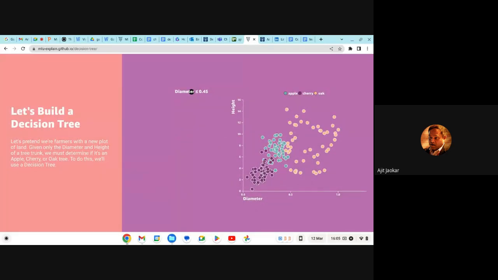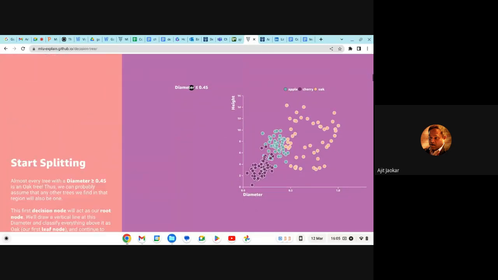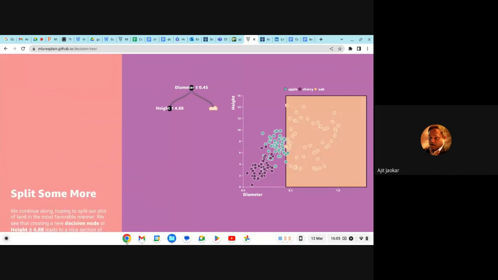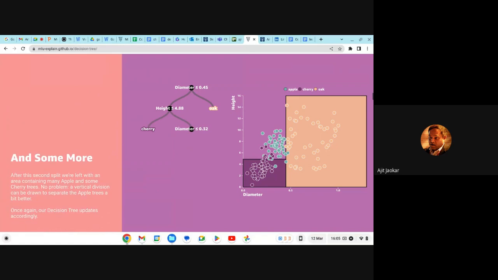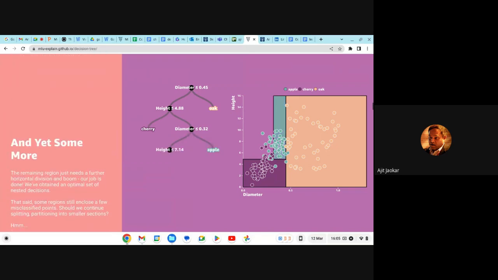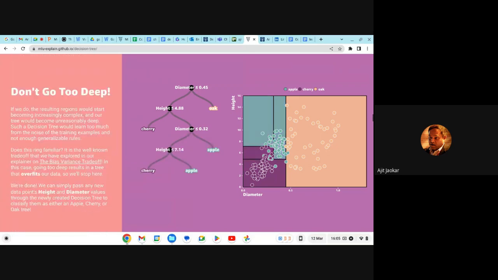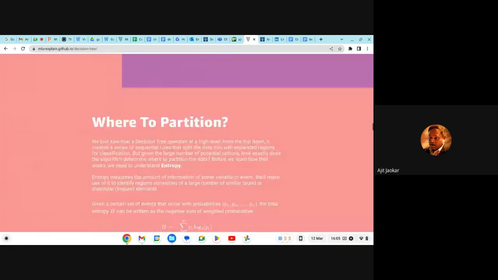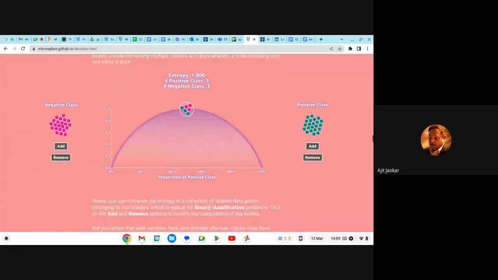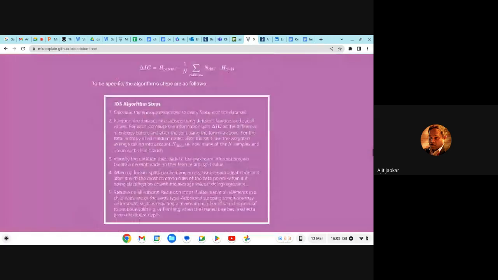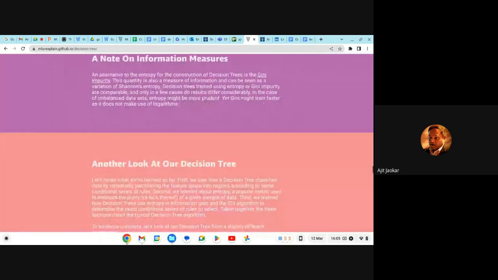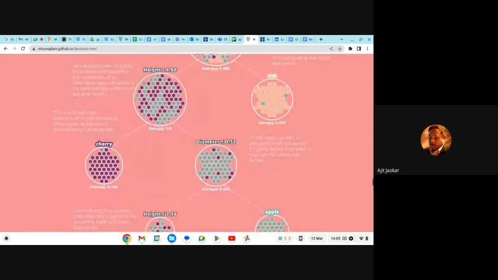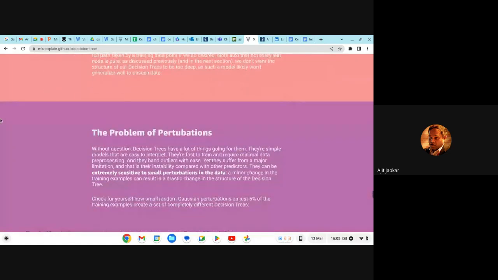You're trying to split the categories, and you start to find out the decision boundary, and you split across that, and you keep on making smaller and smaller splits until you see the categorization within that. Again, it's a very visual way to understand something, which would be easy for you to understand based on the visual stuff.